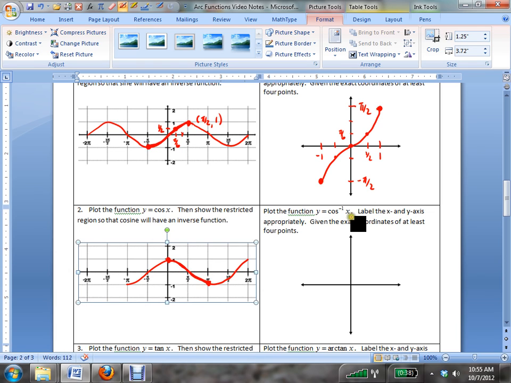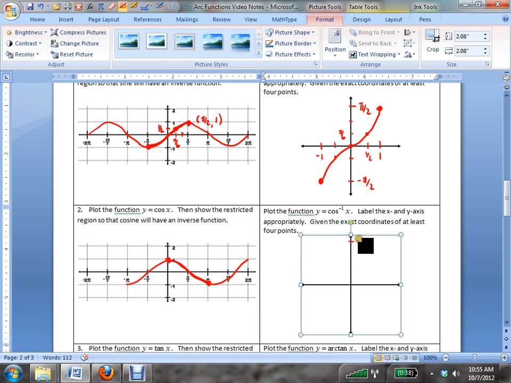So now let's go ahead and plot cos inverse x. Here we had our x between 0 and pi, so my y will be between 0 and pi. So I'll make this pi halves. And then my x will be between -1 and +1.